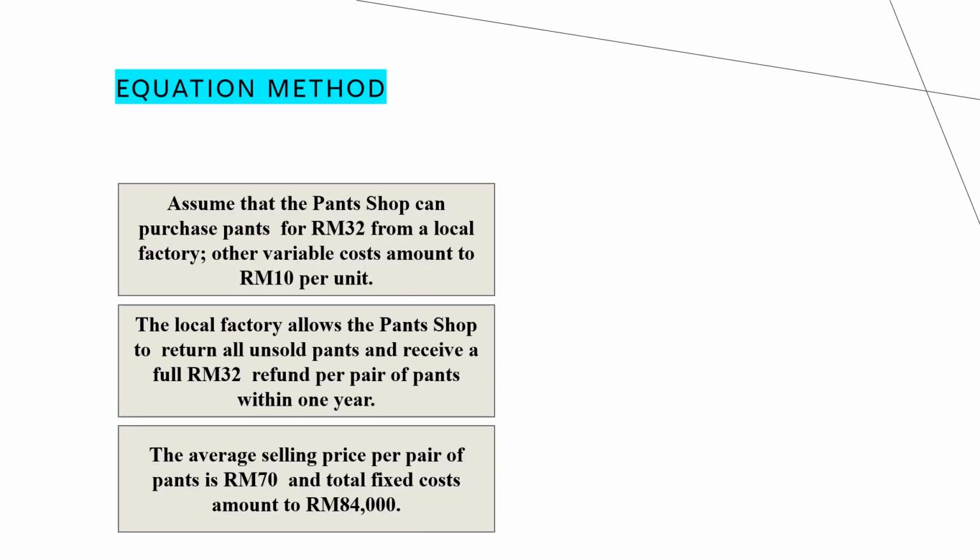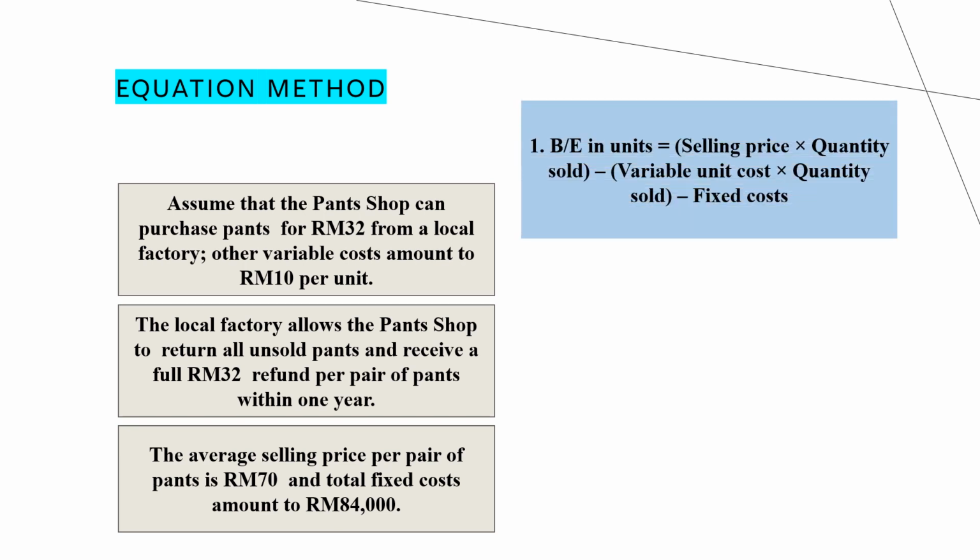So we are going to use the same questions to answer using the equation method. Okay, we find out how many break-even units in terms of this equation method formula. The formula is selling price times the quantity sold, minus the variable unit cost times the quantity sold, and minus the fixed cost.